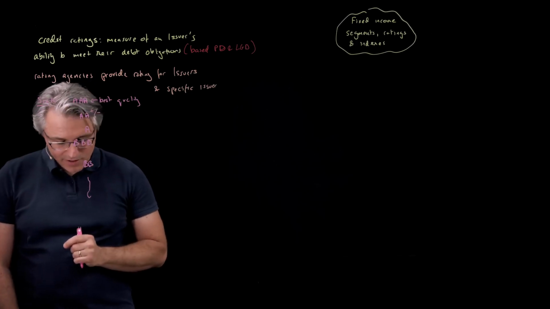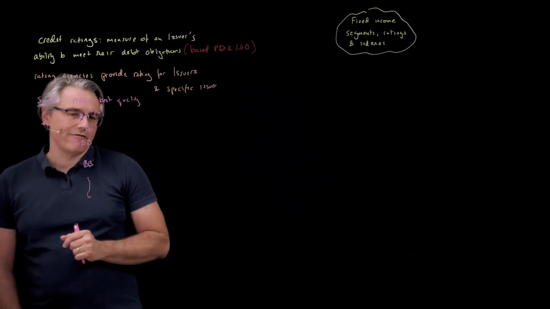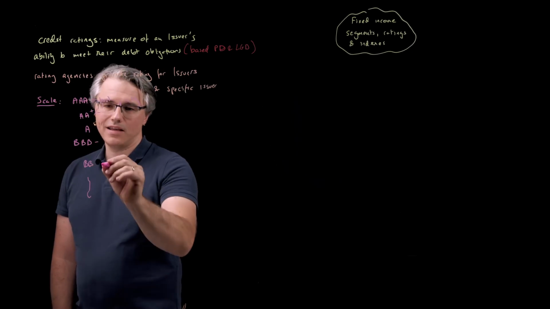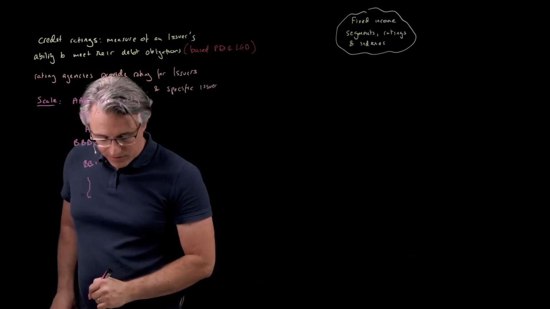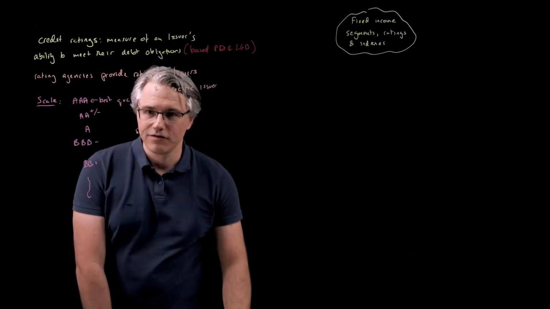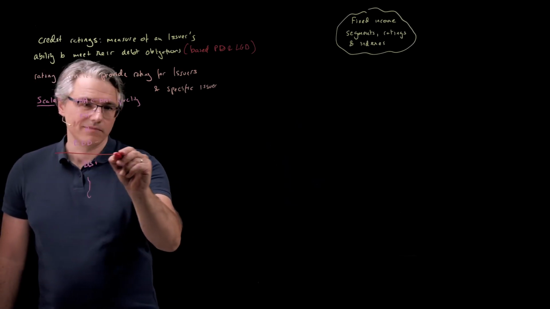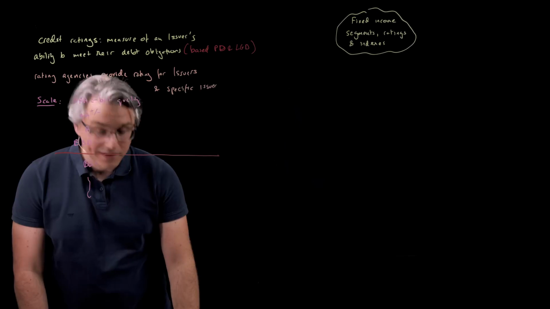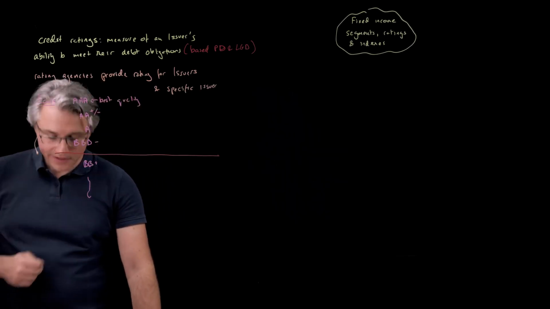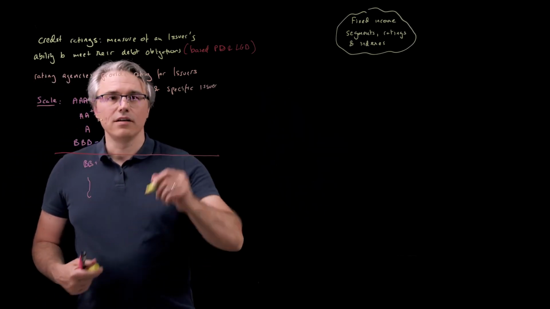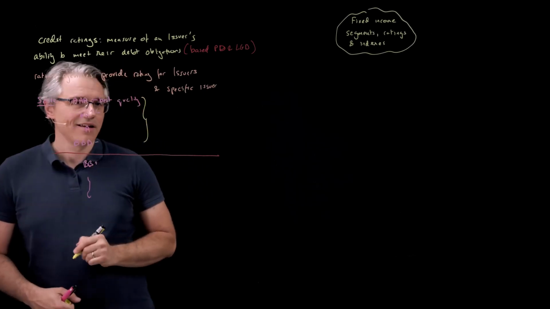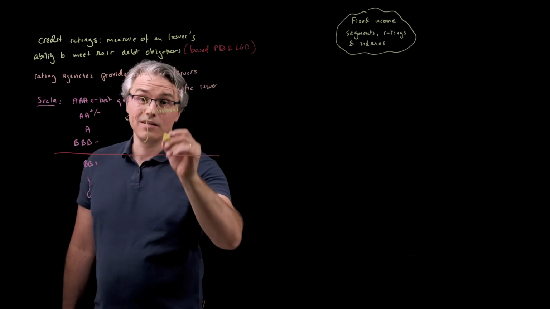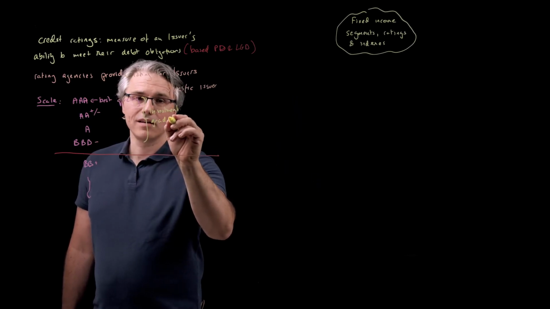Now, what's really, really important is the difference between triple B minus and double B plus, because that is the cutoff point for deciding whether we're dealing with an investment grade issuer or what we previously described as high yield. So over here, the good quality grades are so-called investment grades.